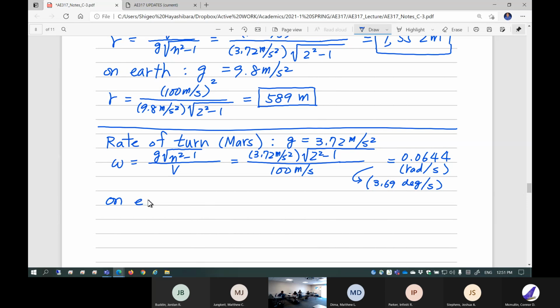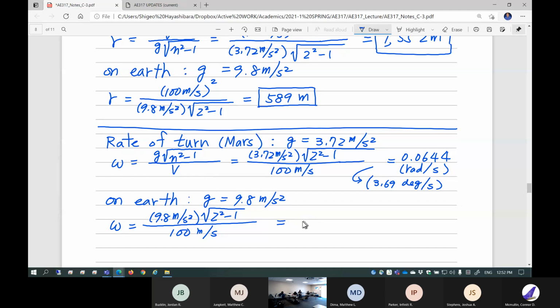If you do the same thing on Earth, obviously the gravity is much higher, 9.8 meters per second squared. If you plug into the same equation, 9.8 meters per second squared, square root 2 squared minus 1, over 100 meters per second.